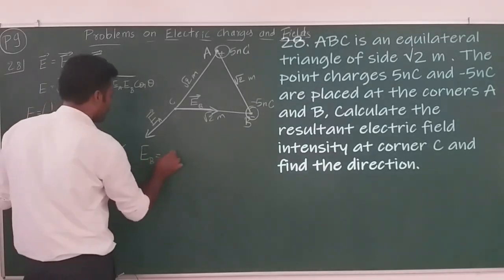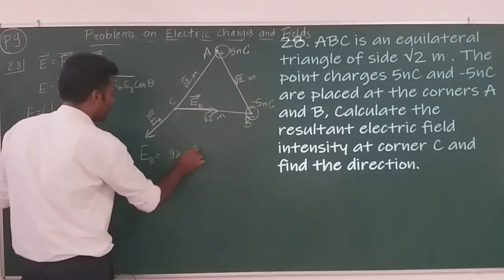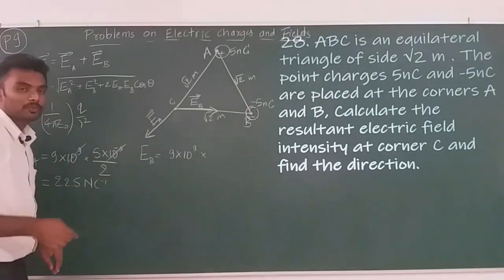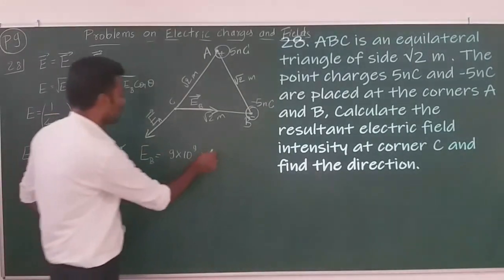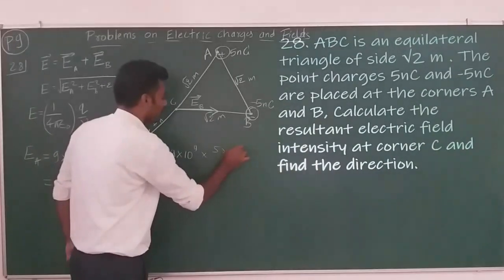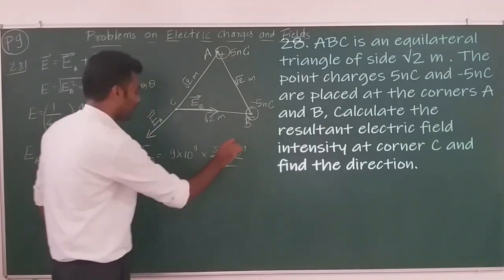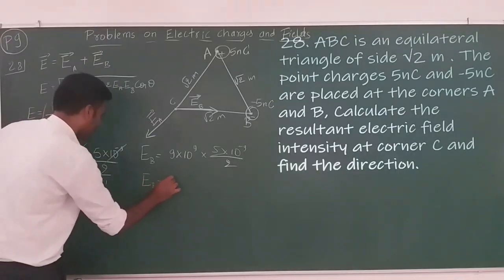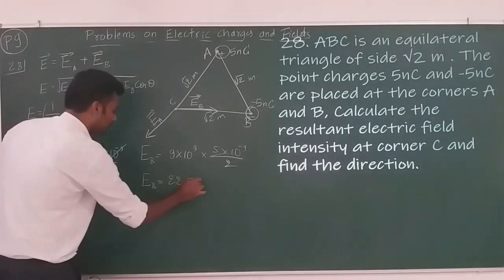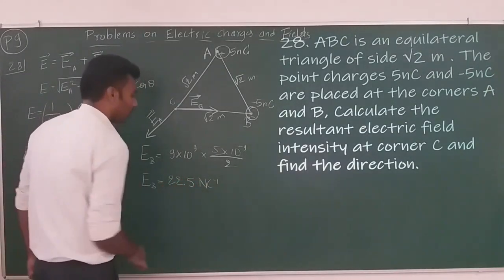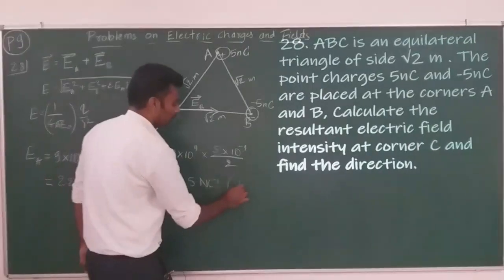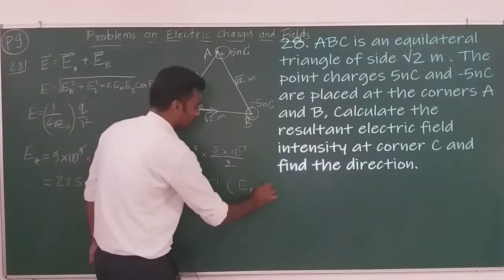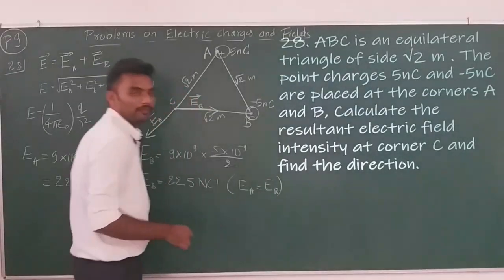So, 1 by 4 pi epsilon naught is 9 into 10 to the power of 9, Q by R squared, the same value 5 into 10 to the power of minus 9 divided by root 2 whole squared. So, after cancelling, EB is found to be the same as EA, which means that EA is equal to EB.